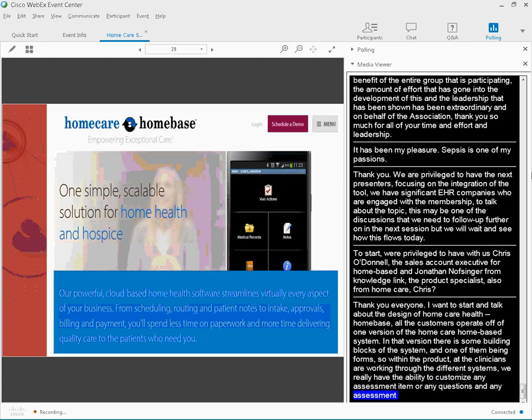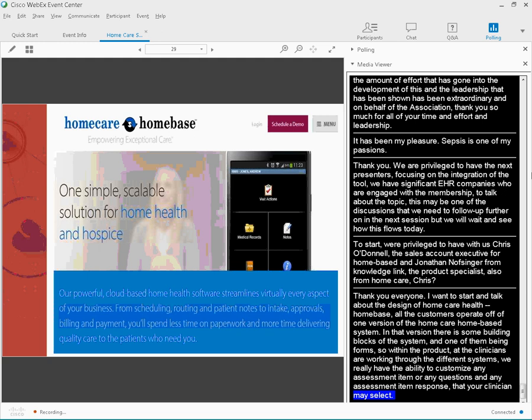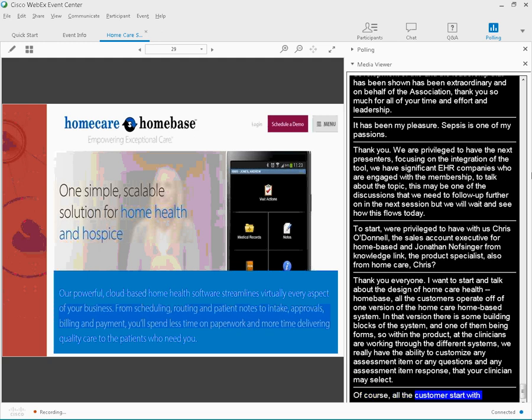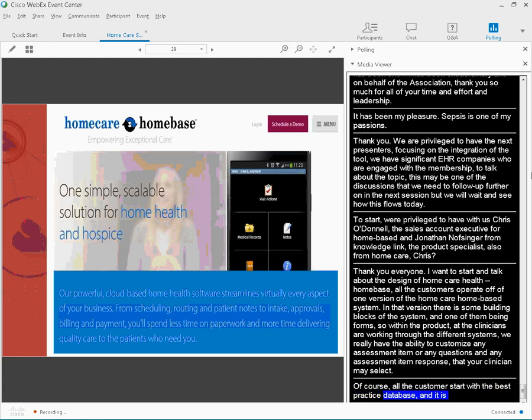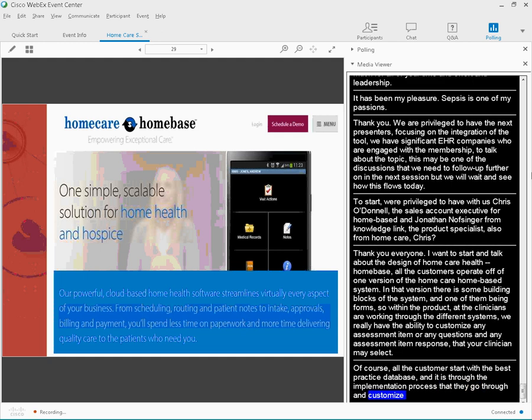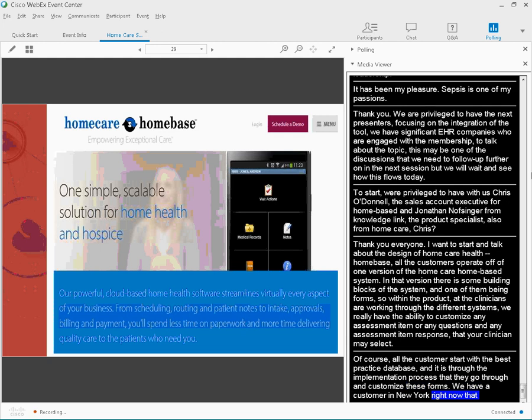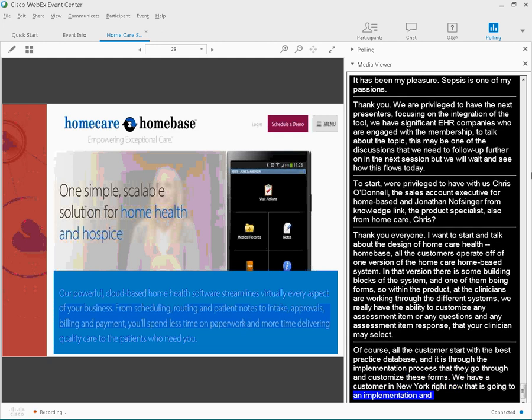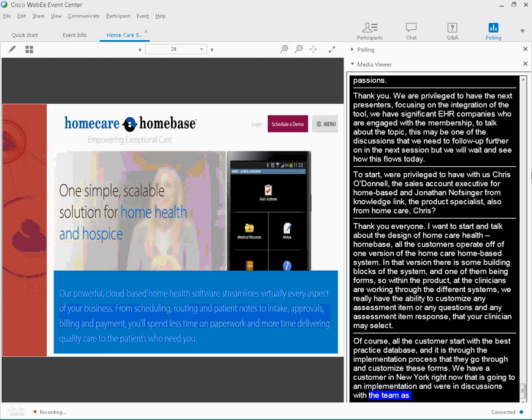Now, of course, all of our customers start with a best practice database for either home health or hospice or both, and it's through the implementation process that they would go through and customize these forms. We actually have a customer in New York right now that's going through an implementation, and we're in discussions with our implementation team right now as to how we might integrate this new sepsis tool into our assessment.